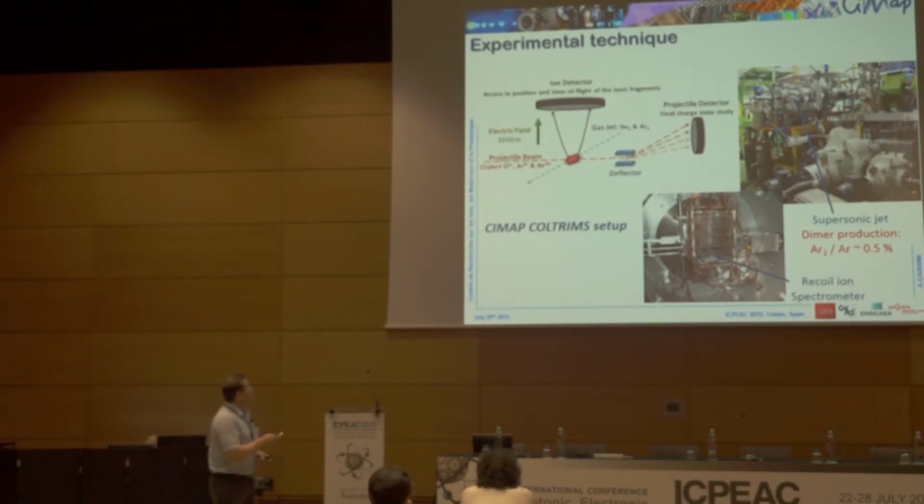The charge state is then analyzed by an electrostatic deflector, which separates the different charge states on a position-sensitive detector. The fragments are projected by an electric field onto the position-sensitive detector. That's the usual cold target recoil ion momentum spectroscopy setup, and this is how our system looks. The main point is that, dealing with rare gas dimers, you have a very dilute target, which you have to sort out among a lot of monomers.